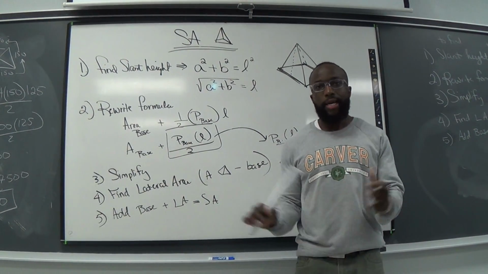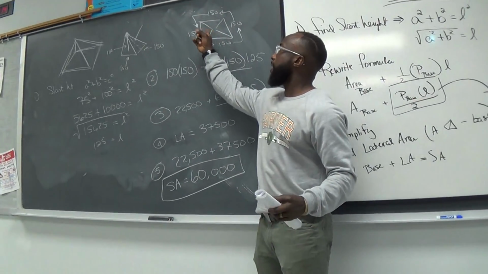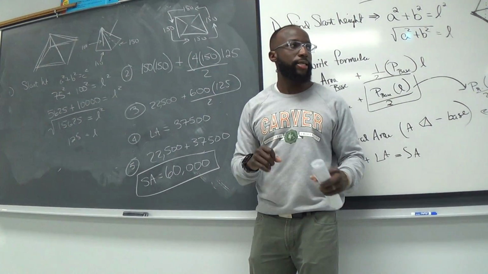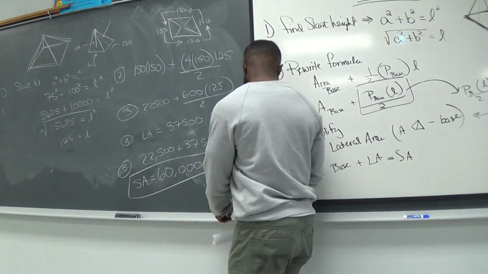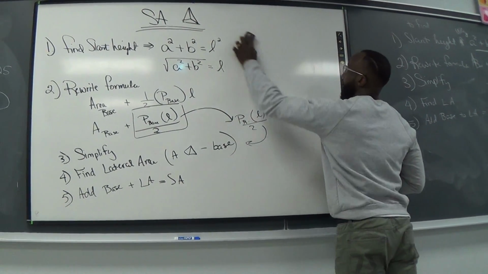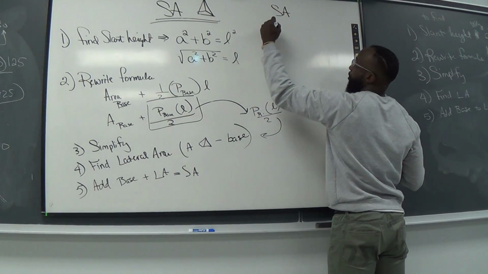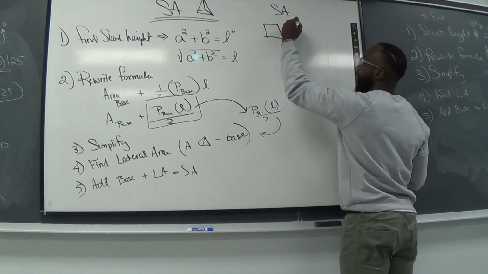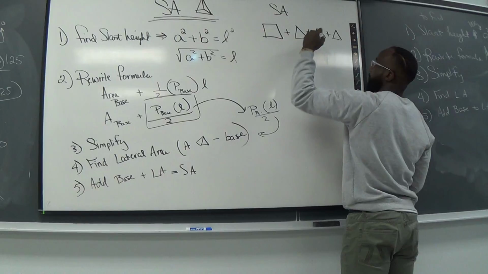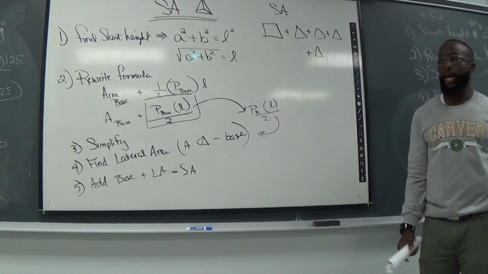And then if all else fails, how many triangles do you have? 4 triangles, and how many rectangles? 1 rectangle. So worst case, if we get to the test and we tap out, to find the surface area you would do the area of the base, which is a square, plus the area of your 4 triangles.